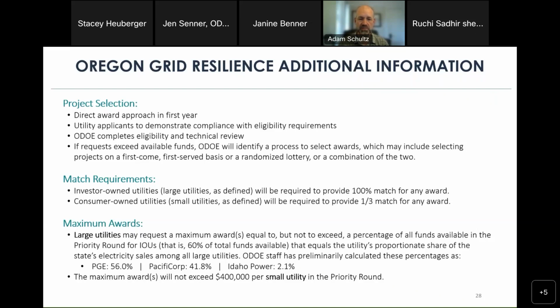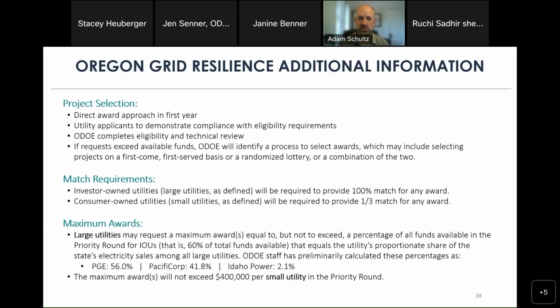So we're proposing to impose limitations on how much any utility can receive in that priority round. For the IOUs, we're really looking to do it on a proportionate basis based on the share of customers served by each investor-owned utility relative to all three of the investor-owned utilities statewide. So again, our preliminary calculation of these percentages is shown here on this slide.